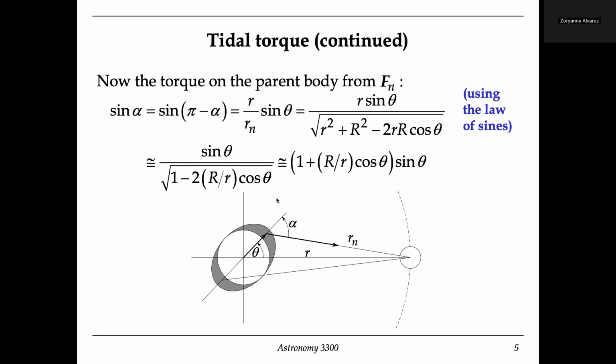In order to find the torque from, say, the near bulge, we have to look at sine of alpha. That's this angle right here. Why is that?